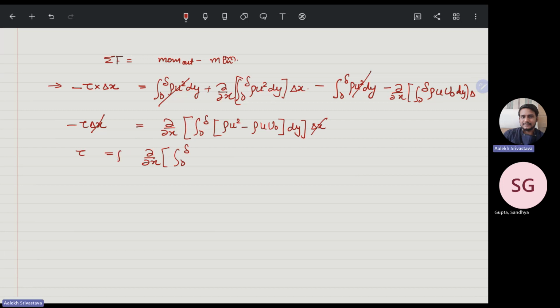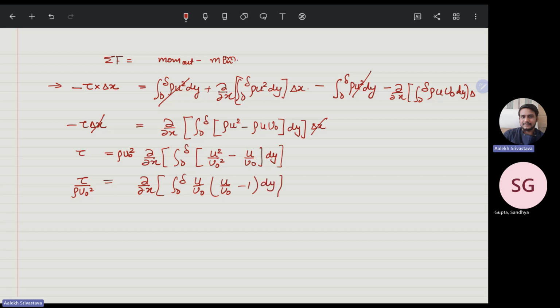We can take ρ U0 square common, and you will get u square by U0 square minus u by U0, dy, or tau wall by ρ U0 square is equal to ∂/∂x of the integral from 0 to δ of u by U0 times (u by U0 minus 1) dy.